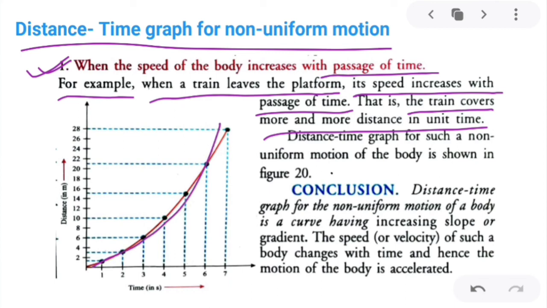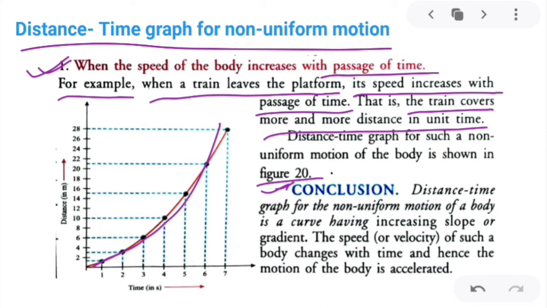The distance time graph for such non-uniform motion of the body is shown in the figure, this figure 20. This is the graph of the body whose speed is increasing. So what conclusion can we draw? Try to understand this one.